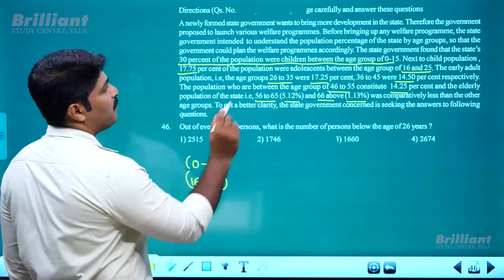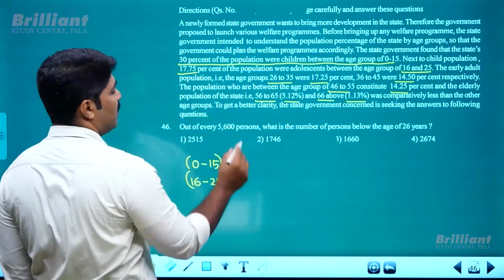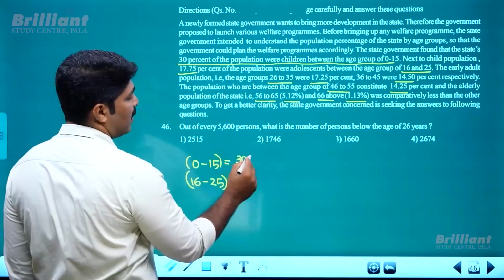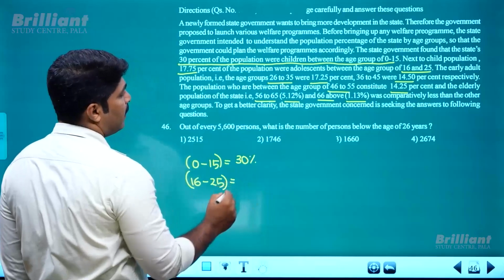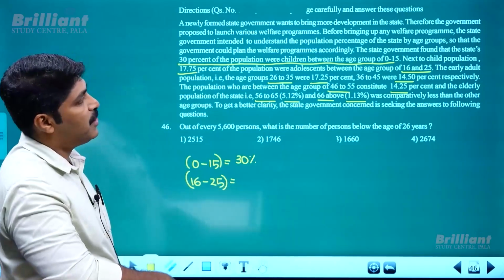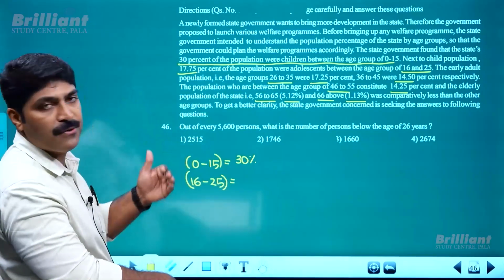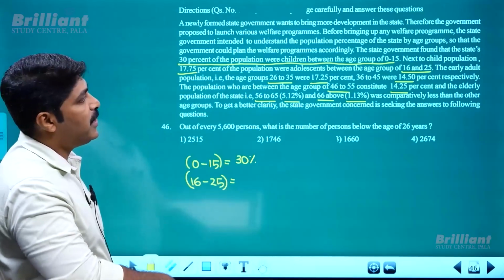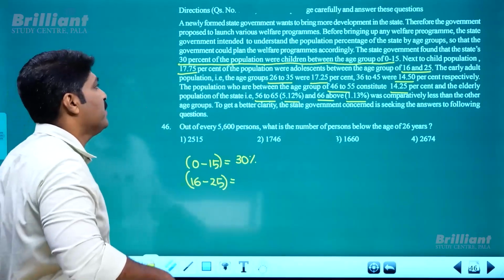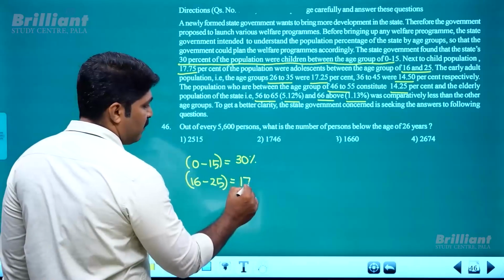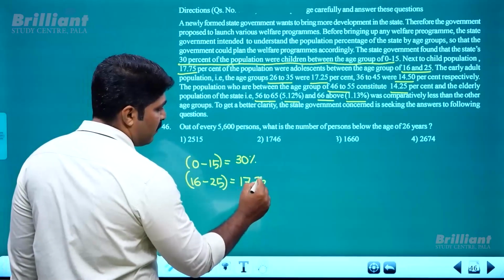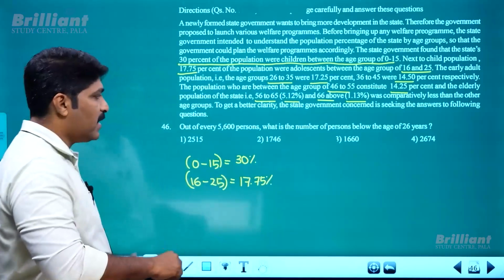For 0 to 15, the percentage value is 30% of the population. Next to the child population, 17.75%. That's the next group.